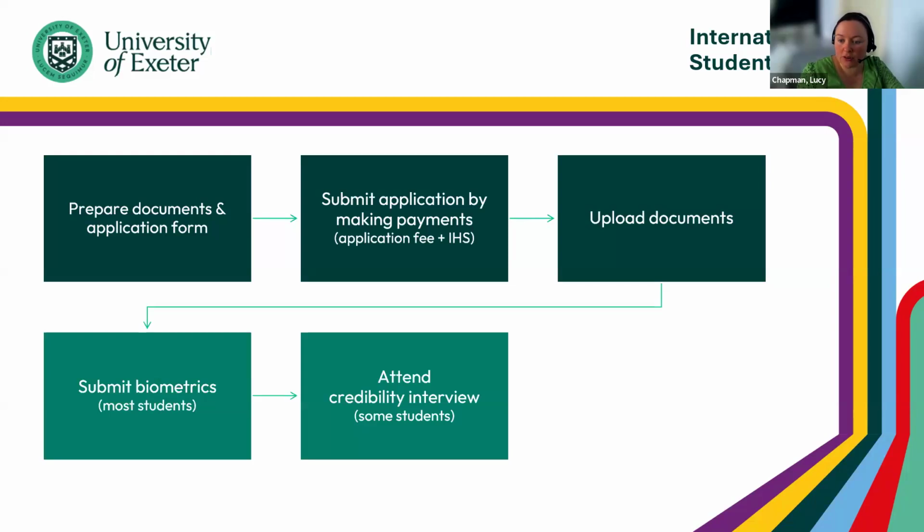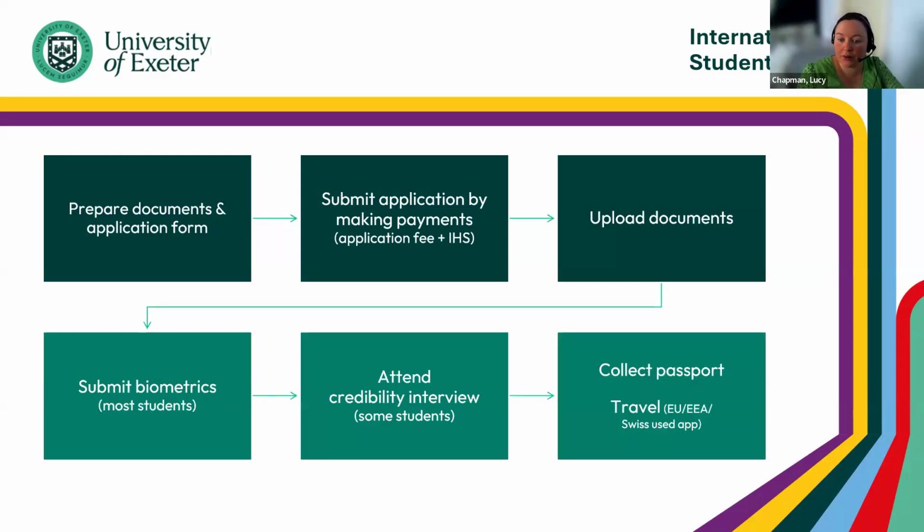Next, some students will be asked to attend a credibility interview. And finally, once a decision has been made on your visa application, you may be asked to collect your passport from the visa application centre, or it will be posted back to you, if that's an option in your country. If you weren't required to attend a biometric appointment, you may be granted an e-visa directly, and then you can travel from the start date of the e-visa.